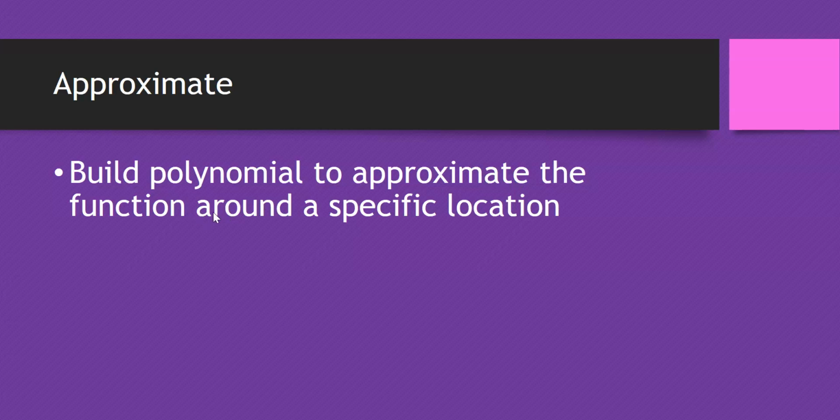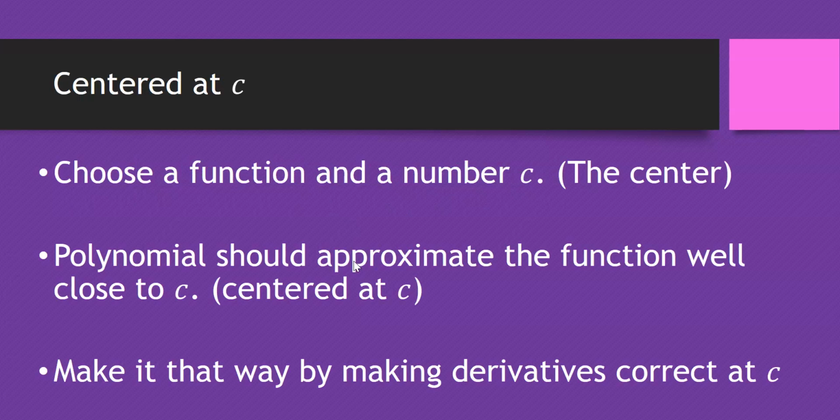And when we do that, we're going to approximate the function around a specific location on the graph. So what we're going to do is choose a number C. And the phrase that we're going to use is centered at C. So C is the center. That's where our approximation and our actual function are going to match up perfectly.